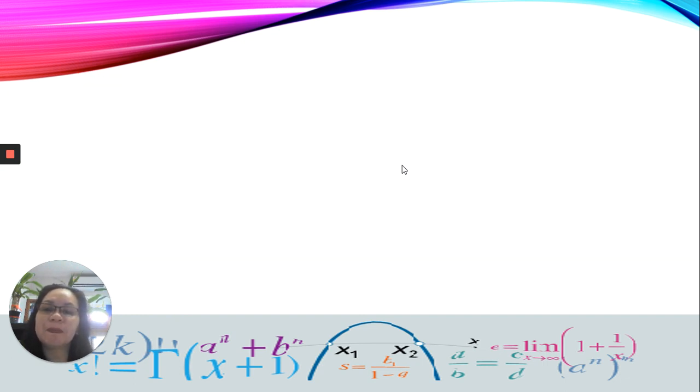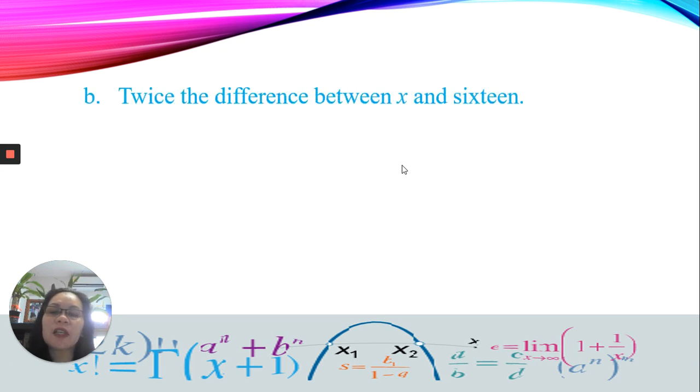Another example. You have twice the difference of x and 16. We will be very careful here. Twice the difference. What is a difference? The result when you subtract between x and 16.